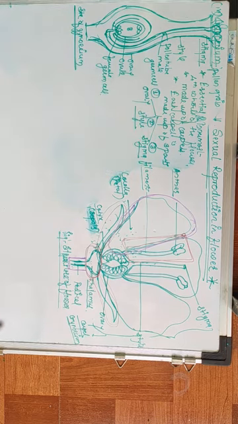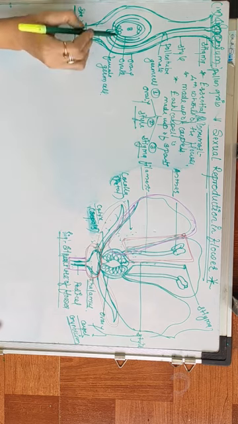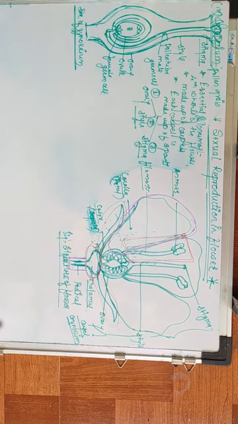So you know that this gynoecium is made up of carpels, and each carpel is made up of three parts. First part is the ovary, second part is the style, third part is the stigma. Where is the ovary? This portion you can see, the middle one, that is called the ovary.